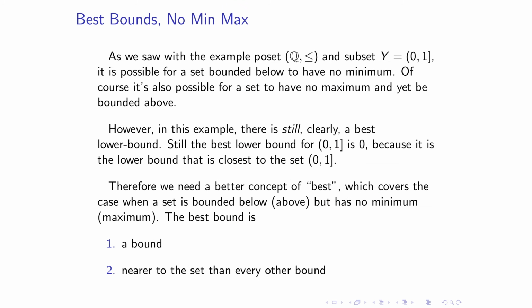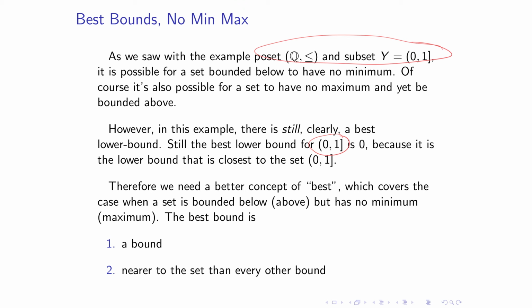So we saw that it is possible for a set to have no minimum. Of course, it's also possible for a set to have no maximum. And yet, still, in some sense, there is a clearly best lower bound on this particular example, right? Even though 0 is not a minimum because it is not a member of the set, it is a lower bound, and it is the best lower bound, because still, in some sense, the distance between it and the set is 0.